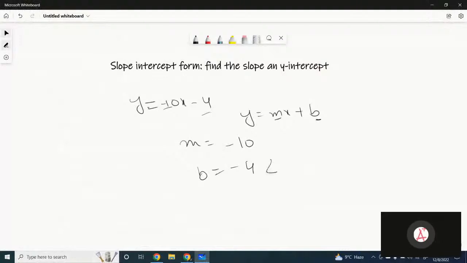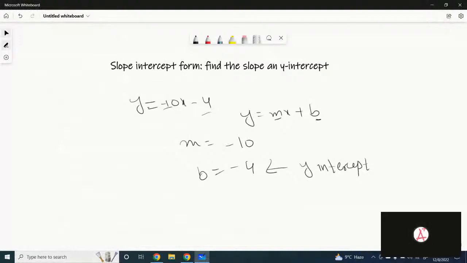So actually b is the y-intercept. Got it? We have two ways to find the y-intercept. One is to just compare the given equation, or rewrite the equation in the form y equals mx plus b. This way you will get the y-intercept.